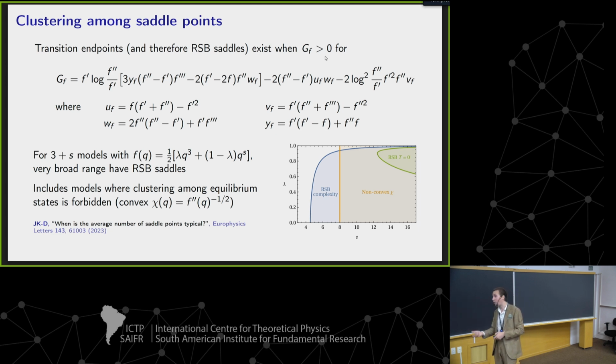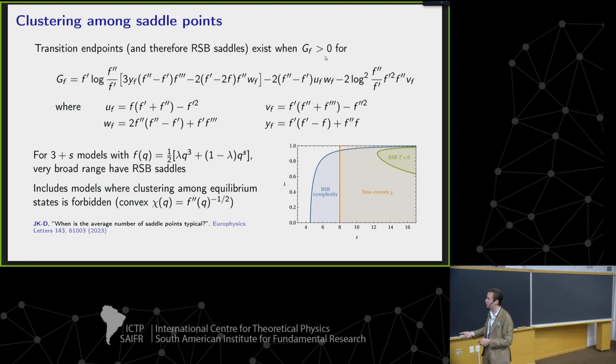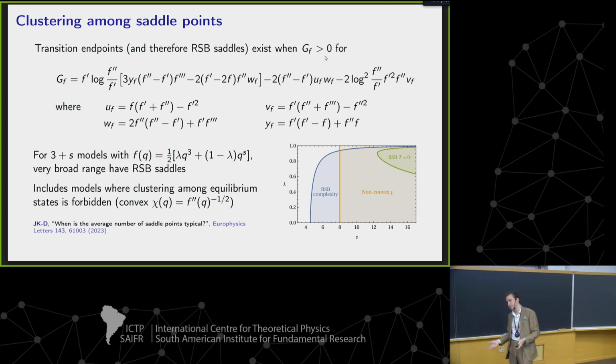And it's even broader than the class of models which is permitted by some equilibrium properties from having replica symmetry breaking, more than one RSB, so non-trivial from the respect of the states, in equilibrium at all.